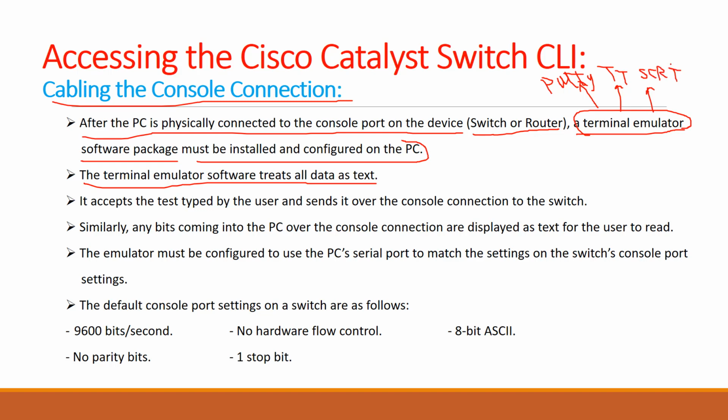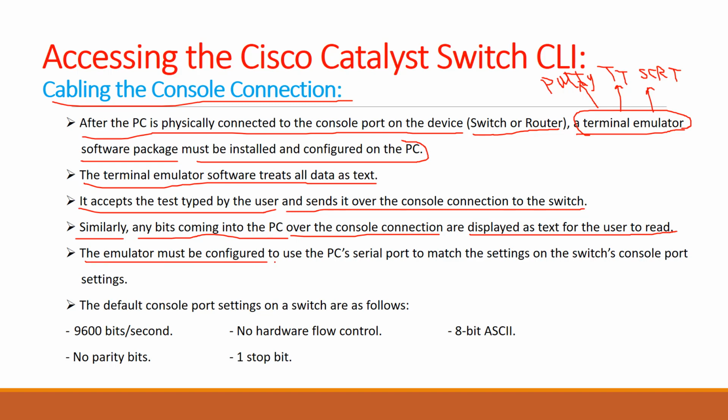Those are considered terminal emulator software that treat all data as text, and accept the text typed by the user or the network engineer and send it over the console connection to the switch. Similarly, any bits coming into the PC over the console connection are displayed as text for the user to read. The emulator must be configured to use the PC's serial port to match the settings on the switch's console port.